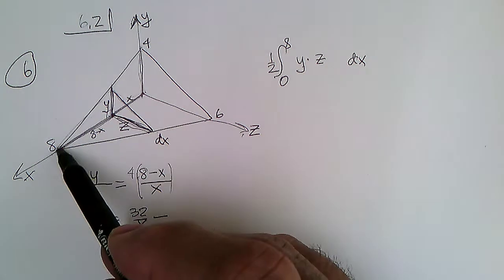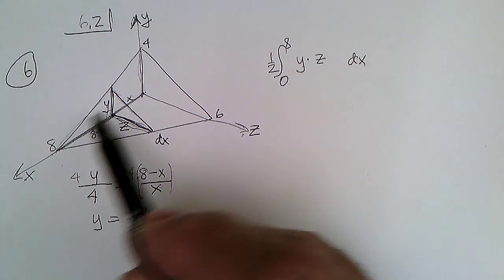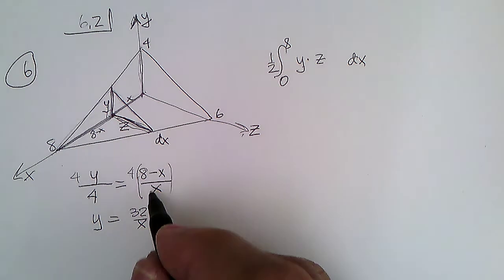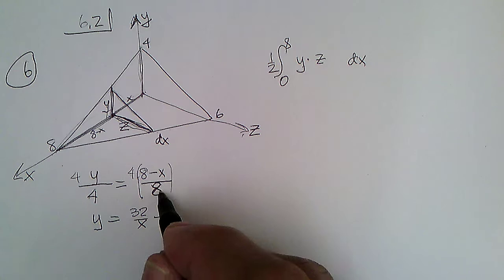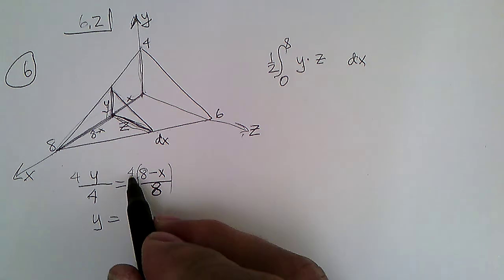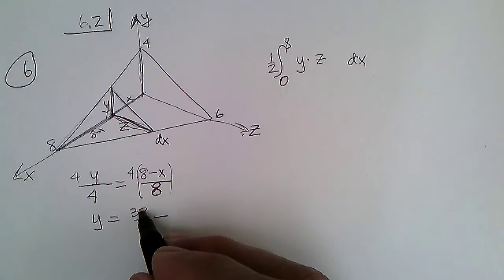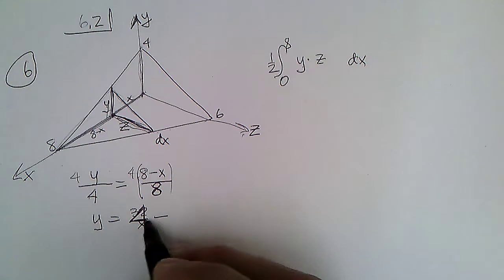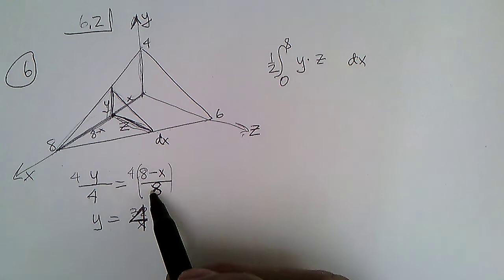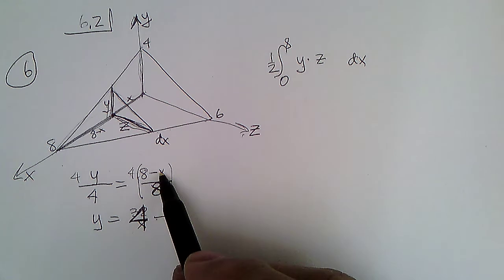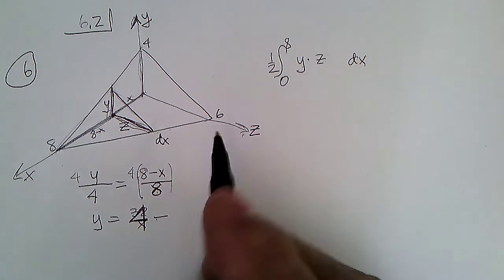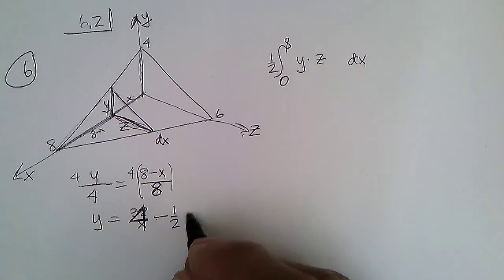Sorry, 8 minus x is to the whole length, which is 8, not x. My bad. So this would be 4 times 8 divided by 8, which is just 4, minus 4 times x divided by 8, which should be 1/2 x.